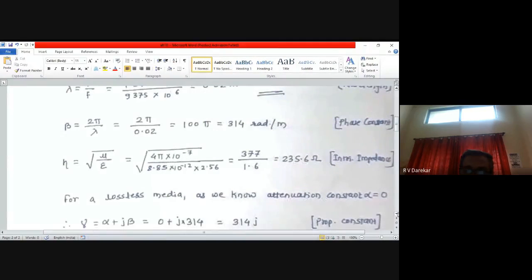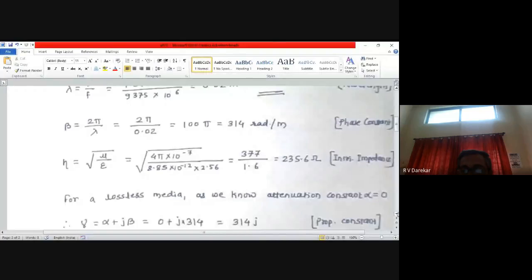Now, if the medium is lossless medium as per the given data, we have to note that if the medium is lossless, attenuation constant alpha is equal to 0. Then we know propagation constant gamma is equal to alpha plus j beta. Value of alpha is 0 due to lossless medium, and value of beta that we have calculated is 314.